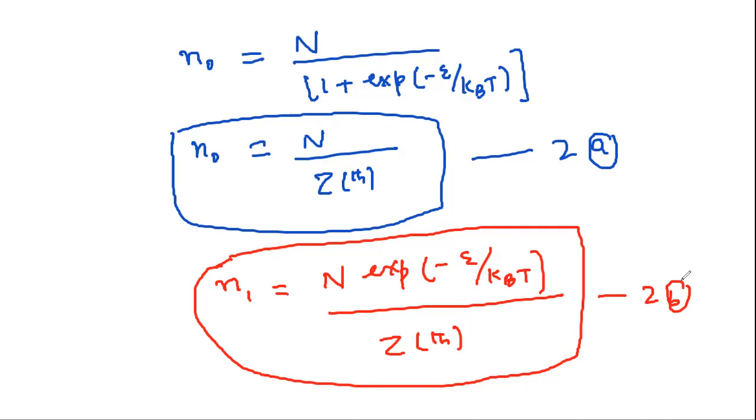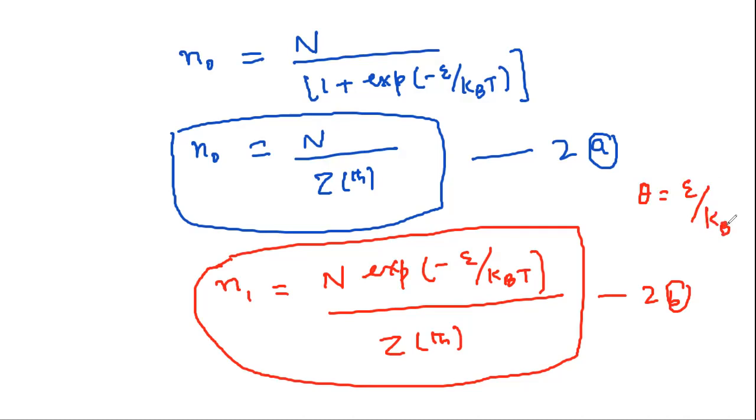So these were the expressions for the distribution numbers pertaining to the two states of the system. Then we plotted these distribution numbers with temperature, and we defined the characteristic temperature theta of the system. That characteristic temperature by definition is epsilon over k_B, right?